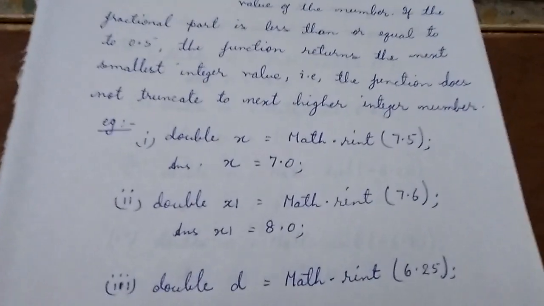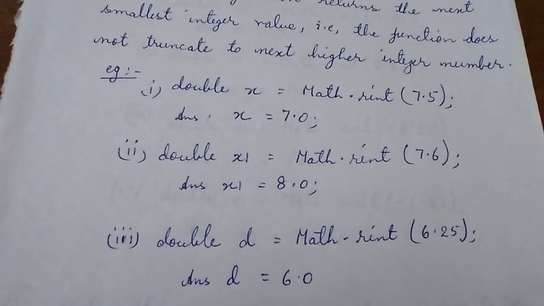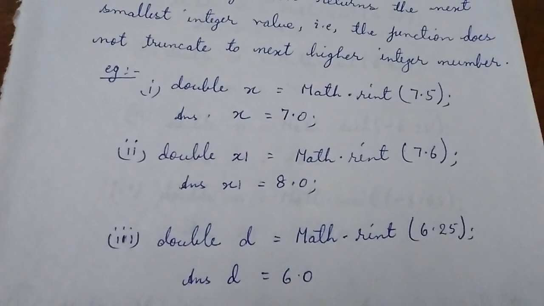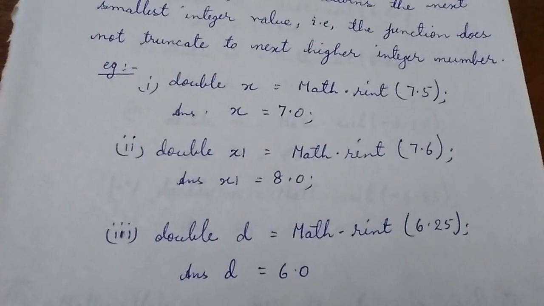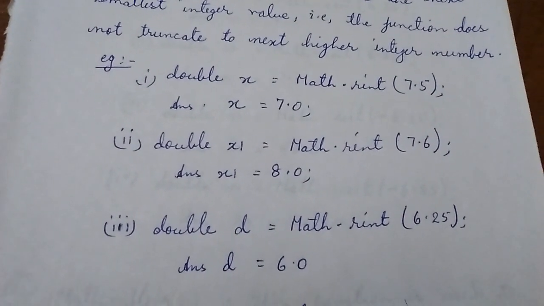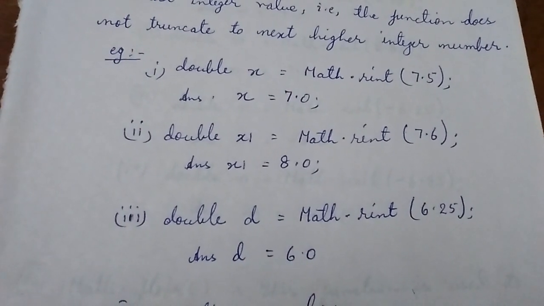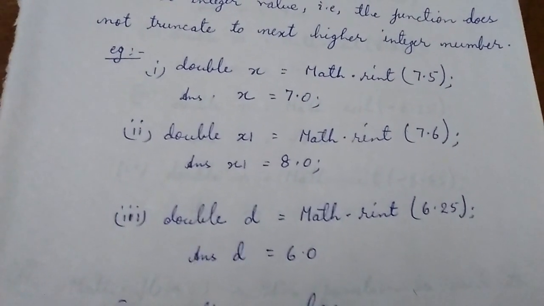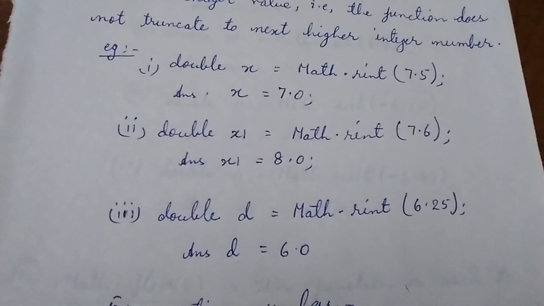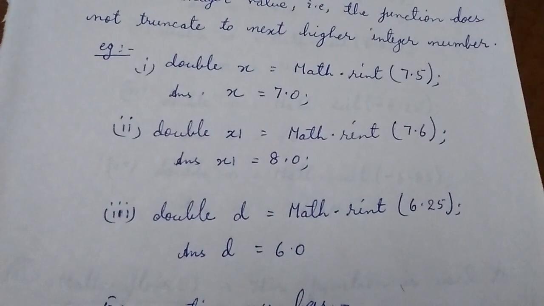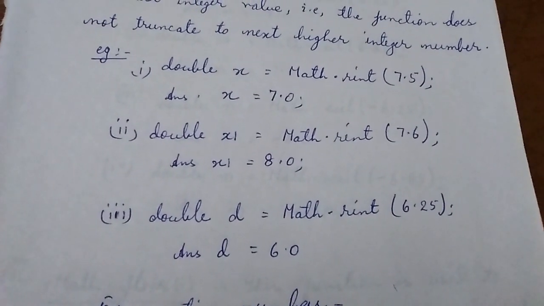So we see here one example. Double x equals Math.rint(7.5). Since it is 0.5, in spite of having 0.5, it will not go to 8.0. It will remain as it is, and so the x value is 7.0. Double x1 equals Math.rint(7.6).